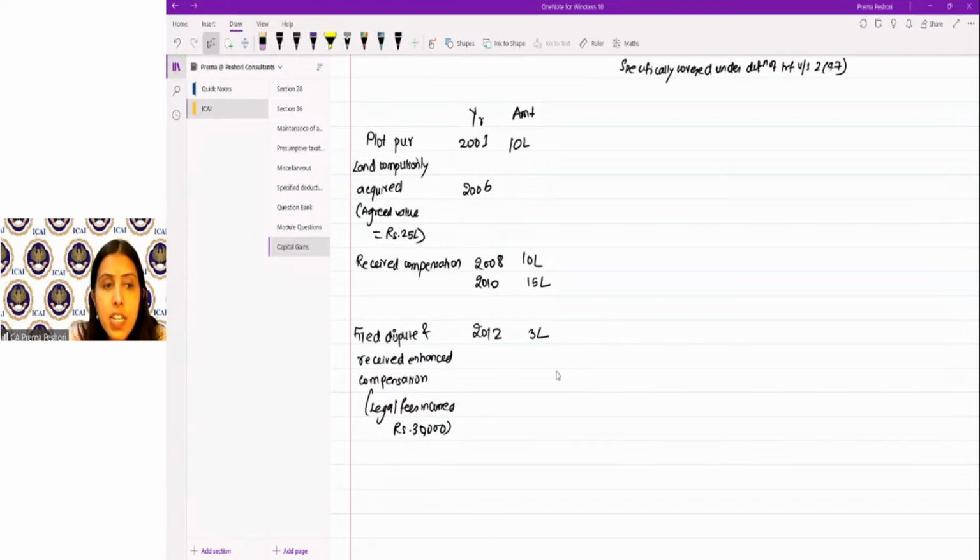So 45(5) provides that where the capital gain arises from the transfer of a capital asset, then the capital gain with reference to the compensation awarded first time shall be chargeable as the income under the head capital gain of the previous year in which the compensation was first received. In which the compensation was first received. I'll show you the section.